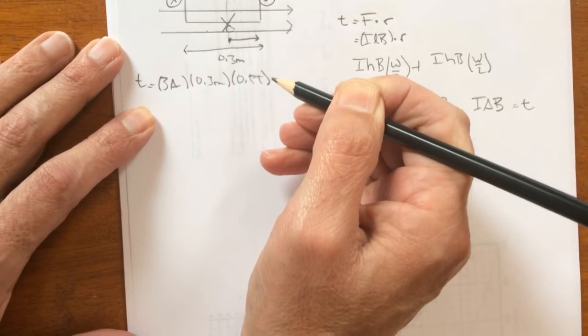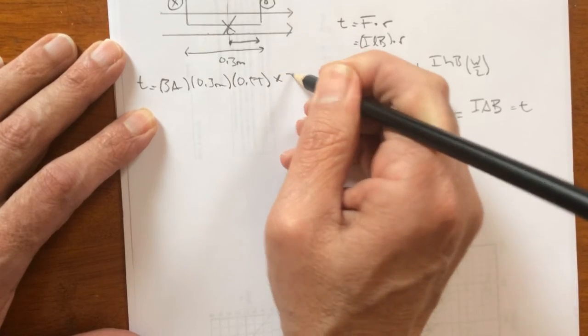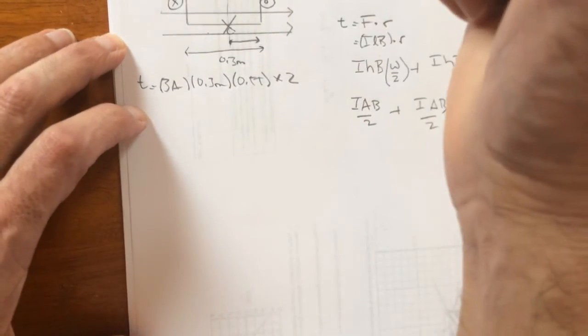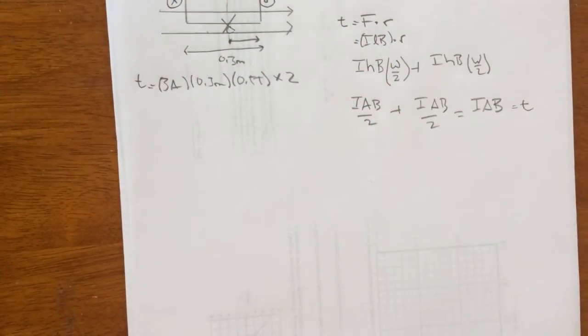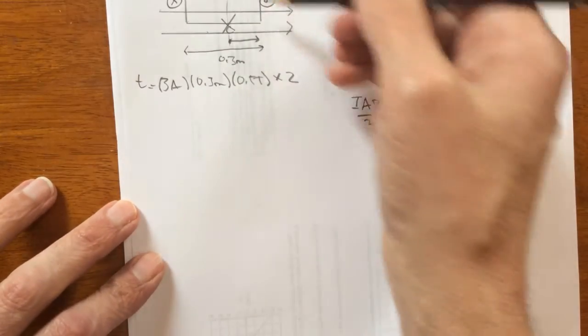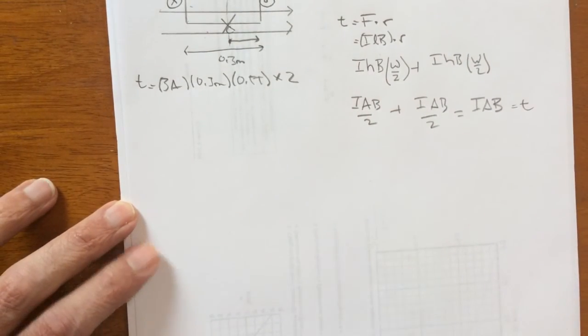Sine 90 is 1. And we're going to multiply that by 2. Here's why: we got a force coming up this way and a force going down that way. Those forces are complementary. They're going to add. They're going to cause that rotation. It's going to be the same on both sides, so we multiply by 2. It's going to give us our total torque.